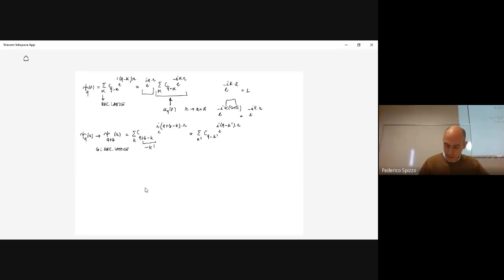So the conclusion is that the electronic wave function has the same periodicity of the reciprocal lattice, and this is rather important.